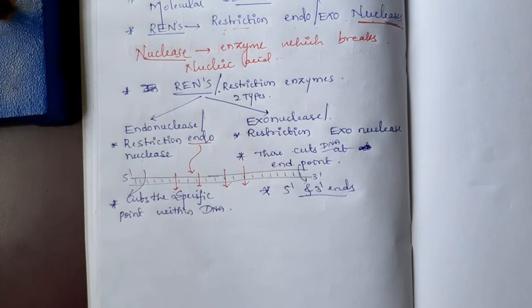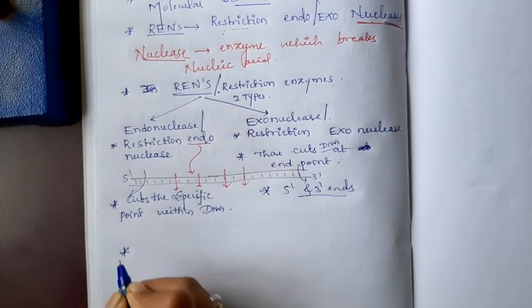Then after the types of restriction enzymes, the first restriction enzyme was discovered and isolated from the E. coli bacteria.